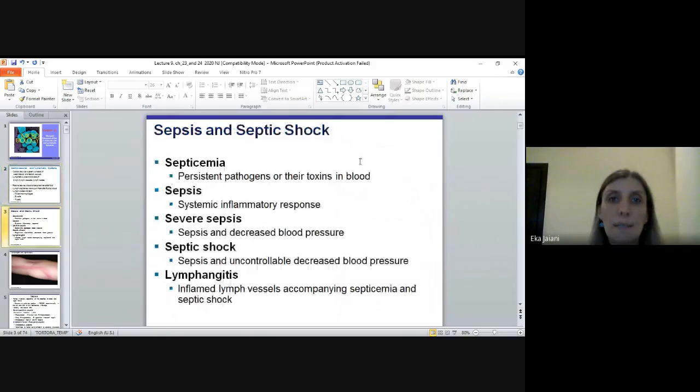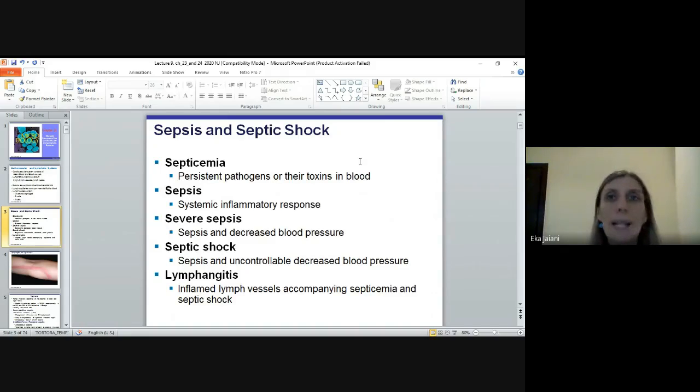And we also should go through some definitions and see what septicemia is. Septicemia is when a microorganism is in the blood, persists in the blood, and also its toxins. We have also other definitions like bacteremia, when bacteria are in the blood, but they don't persist there.